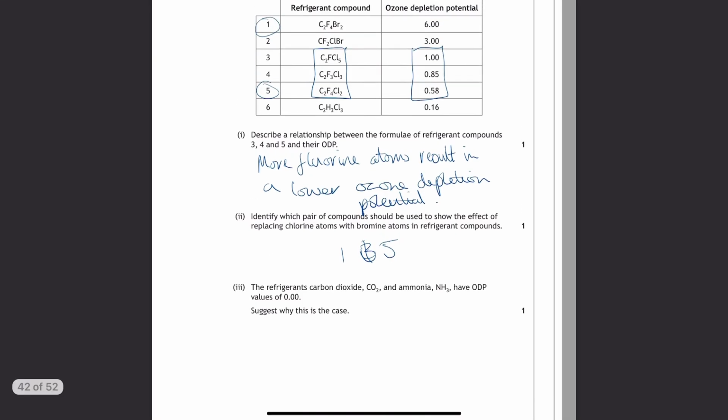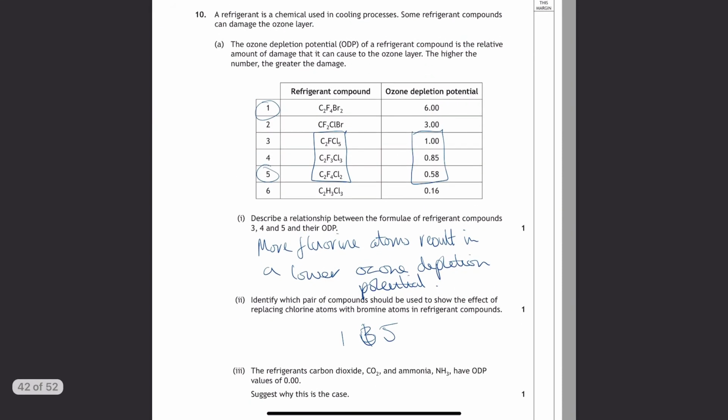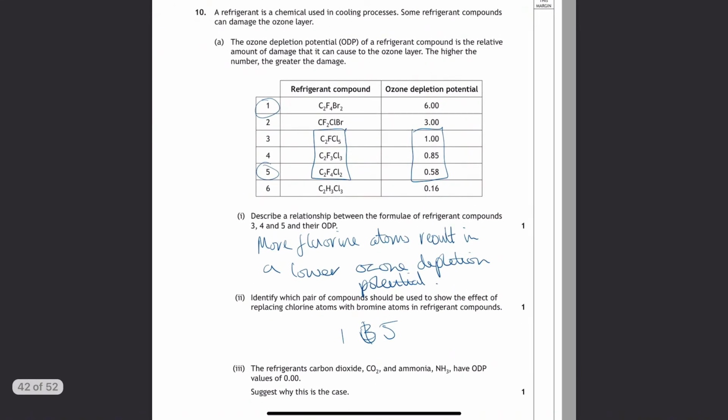And then the refrigerants, carbon dioxide and ammonia, have ODP values of 0. Suggest why this is the case. So it's a bit of a strange question, this one. It is a little bit of common sense, but it tells you at the start that the ODP is the relative amount of damage that it can cause to the ozone layer.